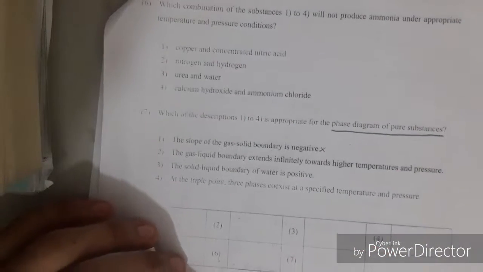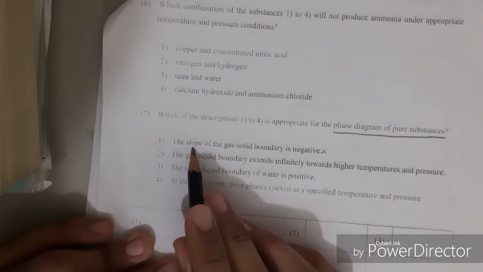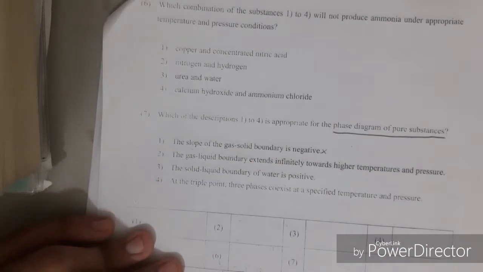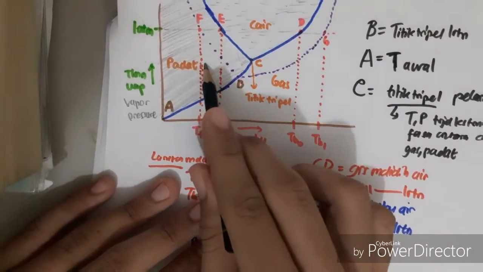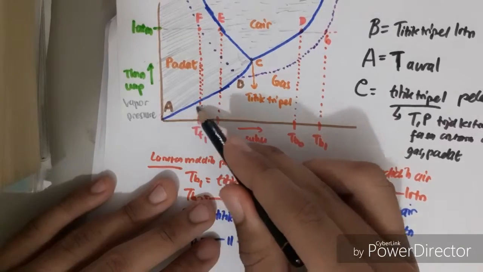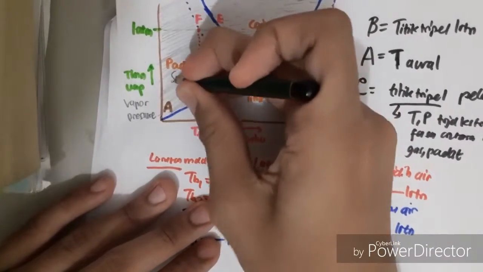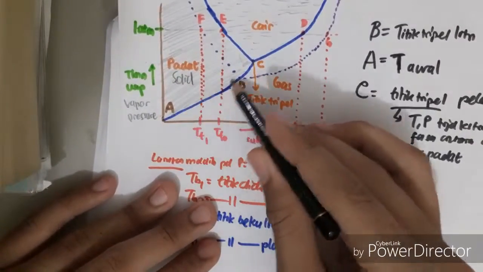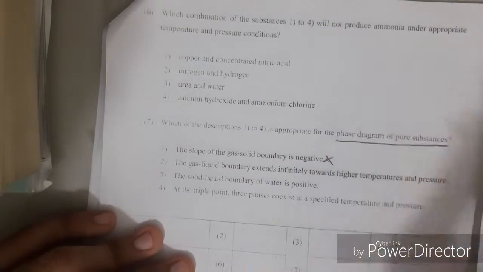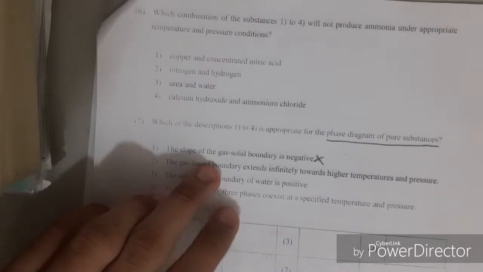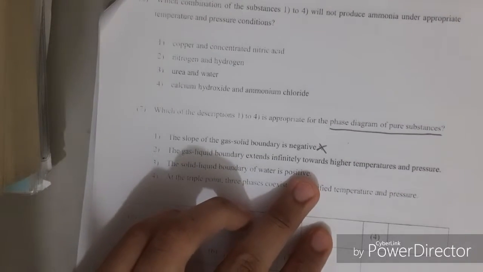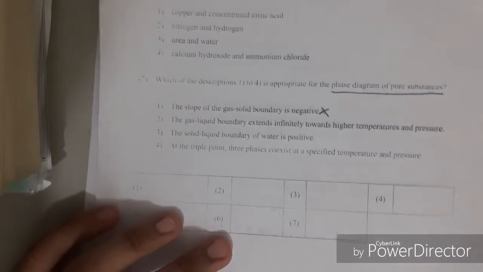So let's look at the question. It says that the slope of the gas-solid boundary is negative. If you look at it, gas and solid is this one. So it is not negative, right? It is positive. So this is wrong. And number 2 says that the gas-liquid boundary extends infinitely towards higher temperature and pressure.